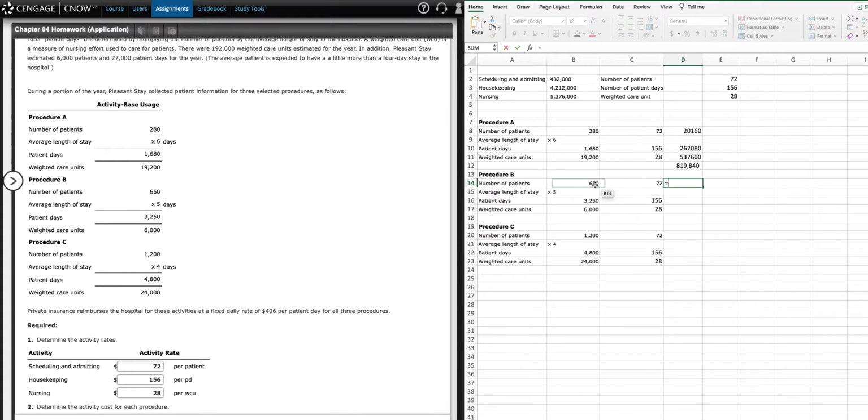Okay, so all that I did in Excel was the multiplication, so now we'll do a sum.